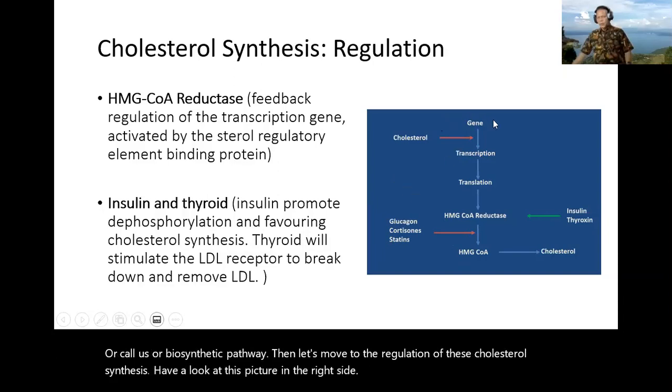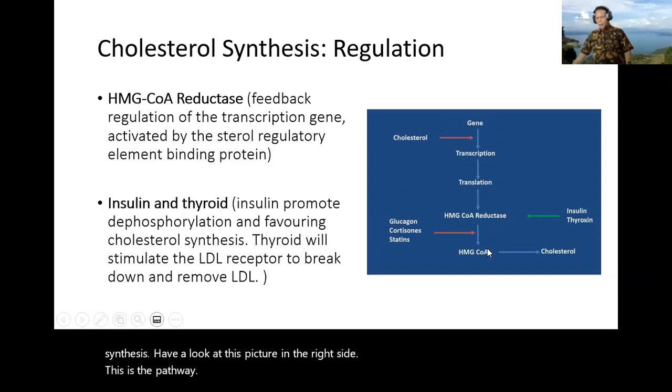This is the pathway, and you have in this part cholesterol, and you have also in this part again, and from this side you have insulin and other molecules, and also the end product of this will be cholesterol.